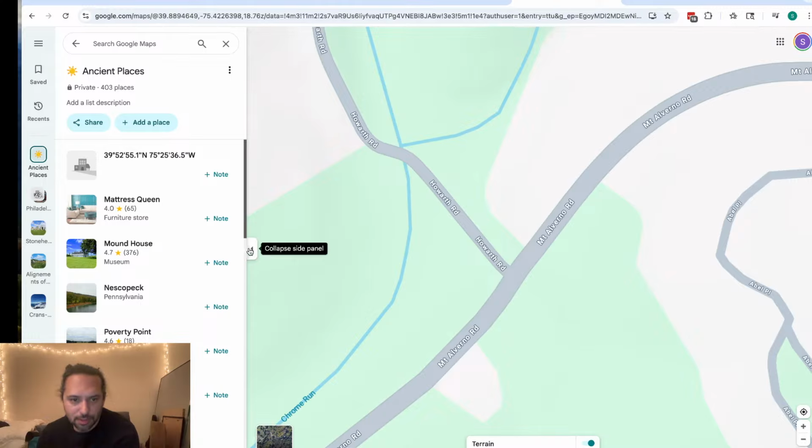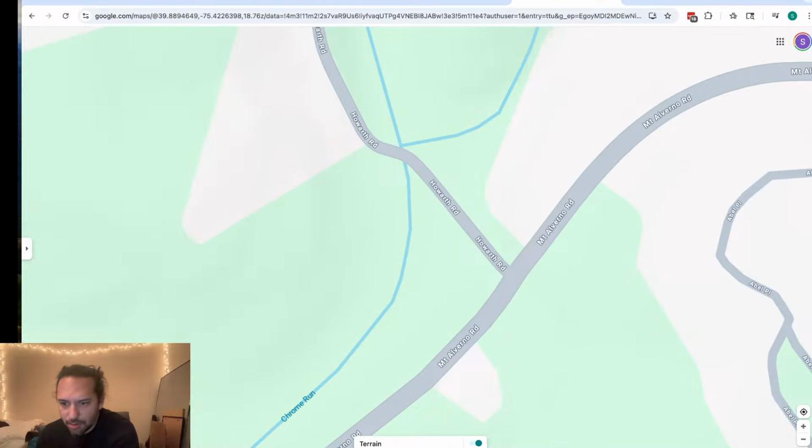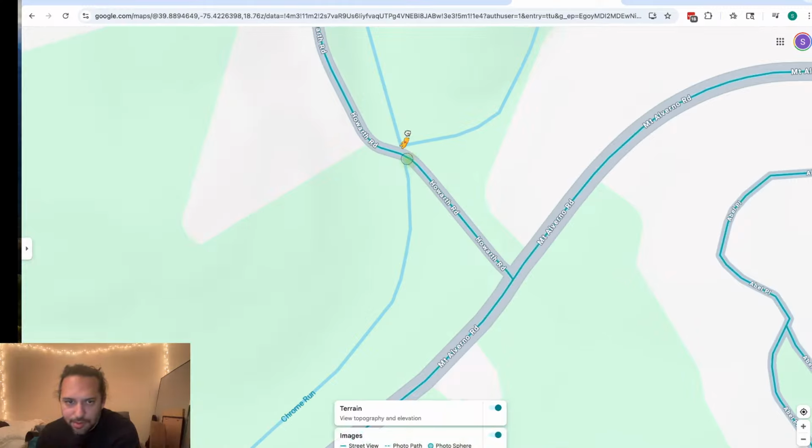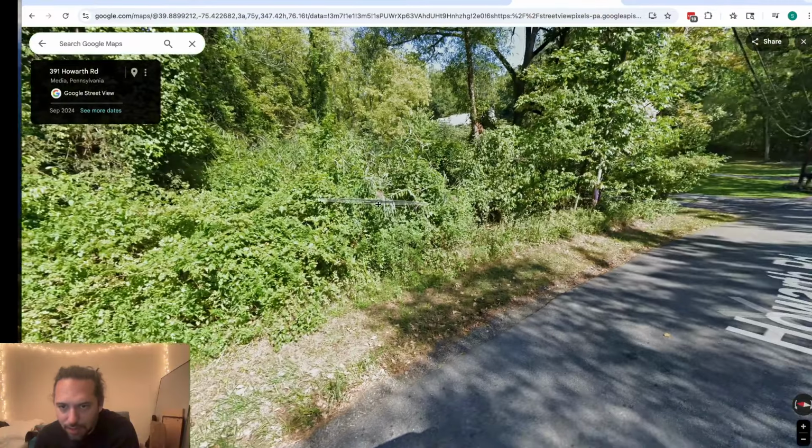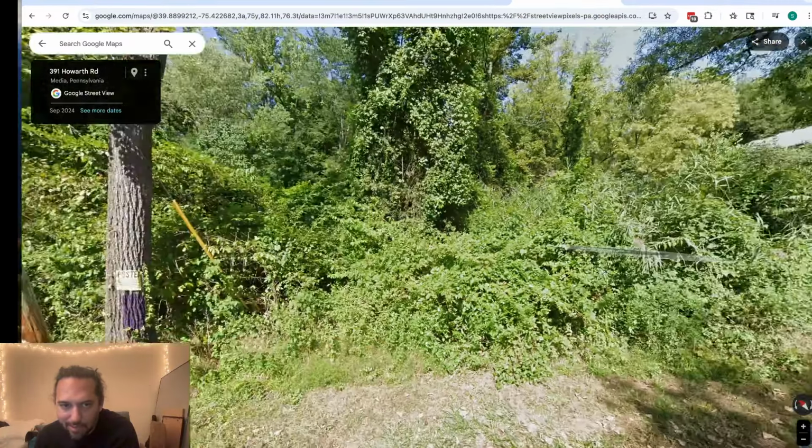Whoa, that was bizarre. Didn't mean to do that. Controlling this is a little bit cumbersome, but okay. Dang, there's a posted sign there. So this is private property. Can't go in there. Darn it.